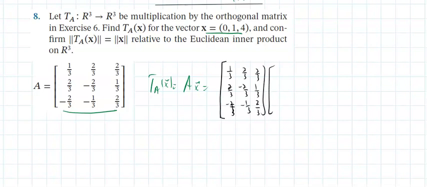And if I take that, what would I get? 0 plus 2/3 plus 8/3, that's 10/3. For the second, I'll get 0 minus 2/3 plus 4/3 is 2/3. And for the third, I'll get 0 minus 1/3 plus 8/3 is 7/3.